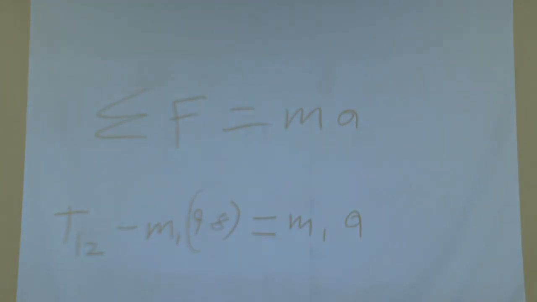Now, what is the mass of the first body? I don't actually remember the number. I have to look. Is it 1? It's 4. Okay. So 4 times 9.8.